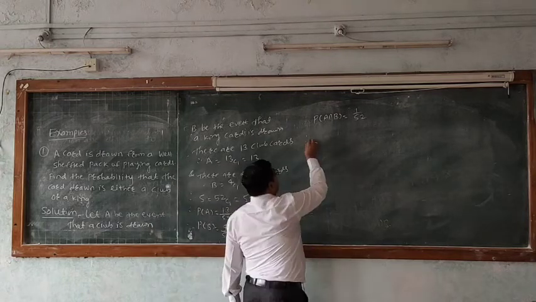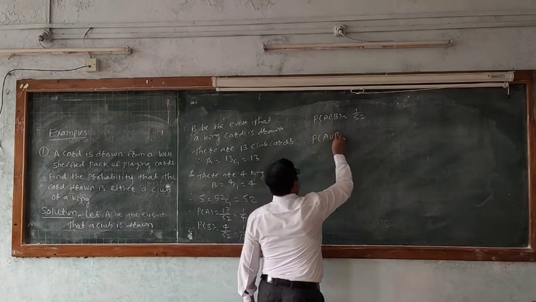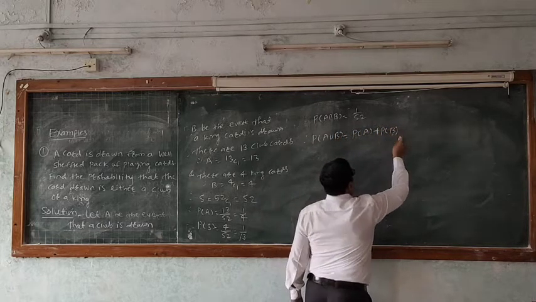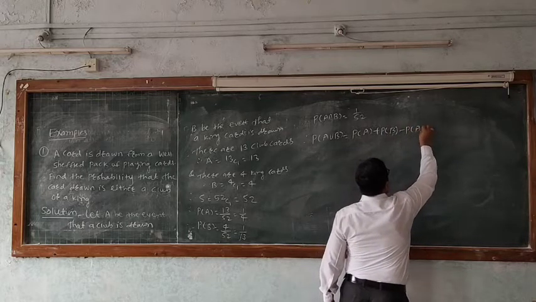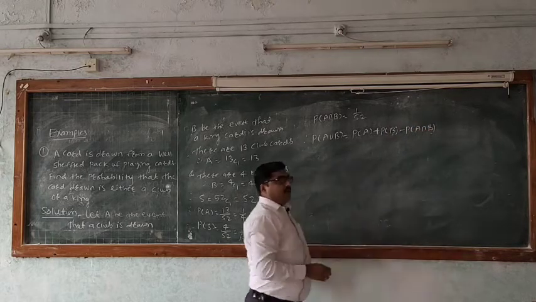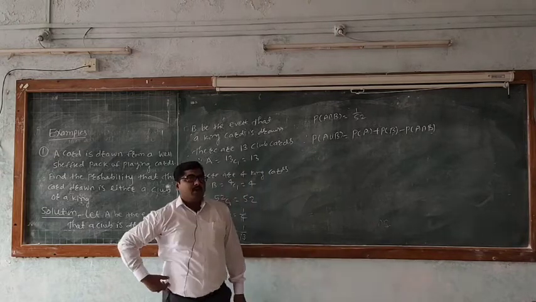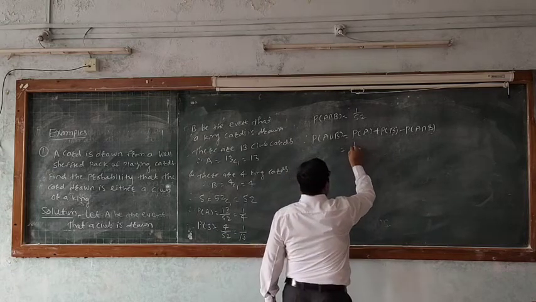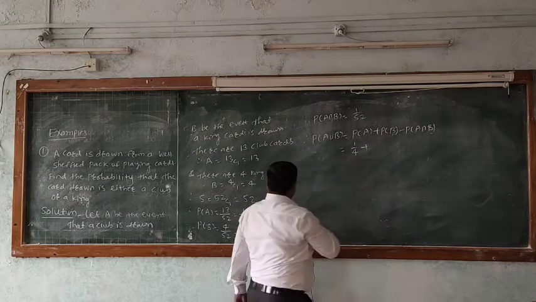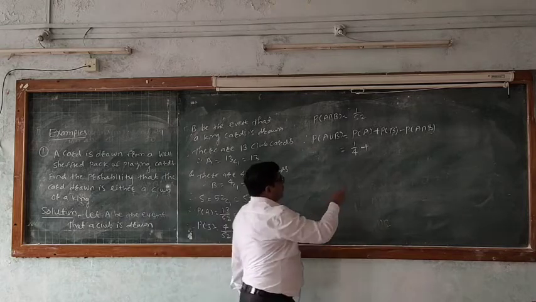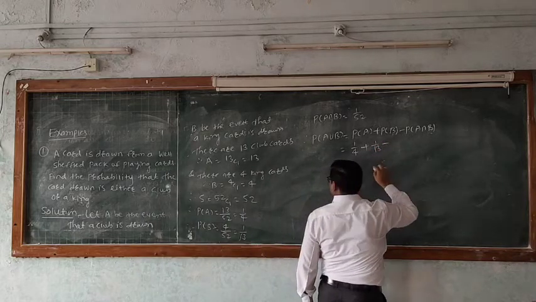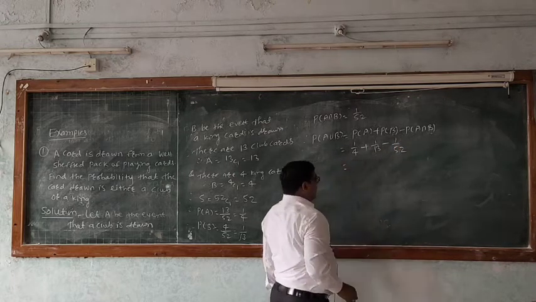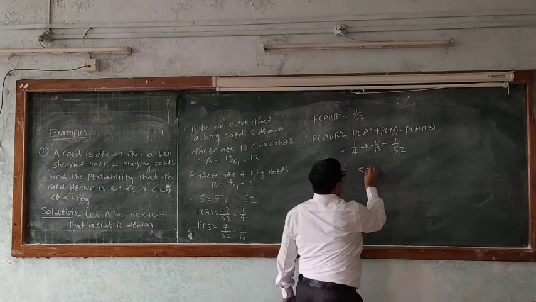Therefore, P of A union B equal to P of A plus P of B minus probability of A intersection B, right? You know the addition theorem for two events. P of A is 1 by 4. P of B is 1 by 13 minus P of A intersection B is 1 upon 52. LCM is 52.